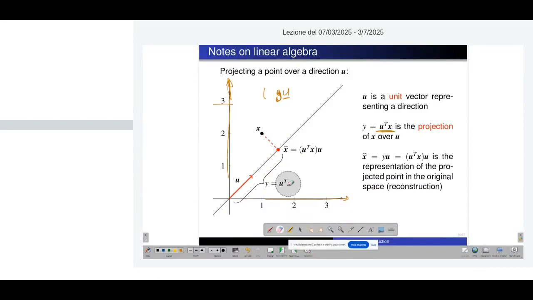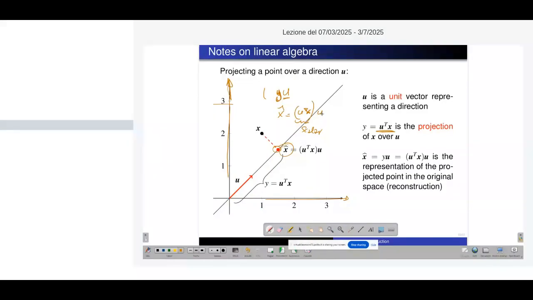So to compute the coordinates of the projected point in the original space, in the two-dimensional space in this case, the projection of x over this line will have a coordinate u transpose x, which is a scalar, times u itself. This will be the coordinates of that x hat point.